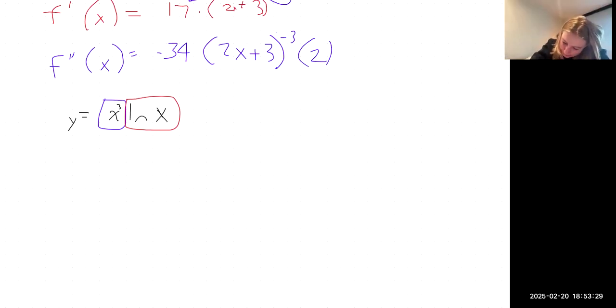So I want to put parentheses around those. Yeah, you can. So this is U and V. We can use that same approach.